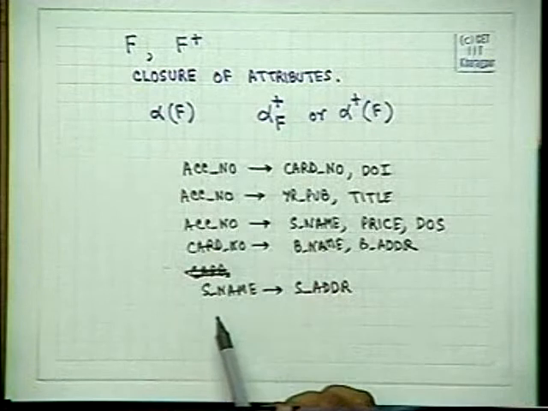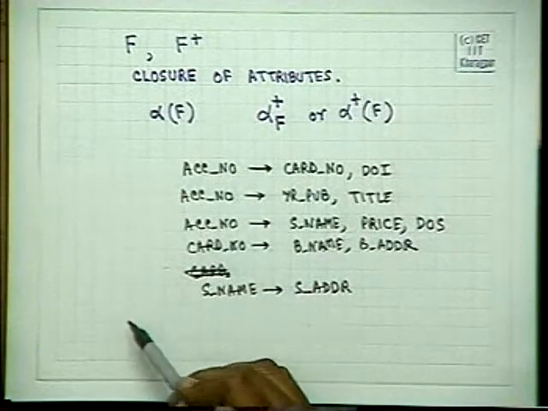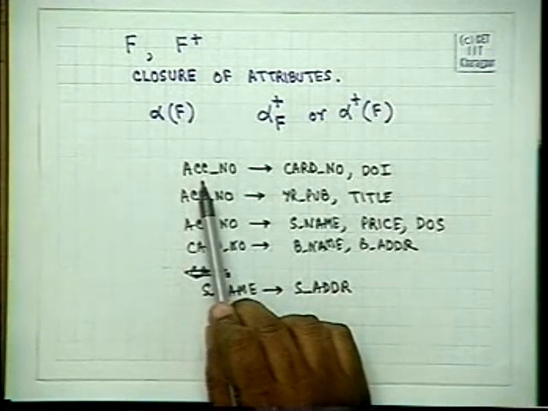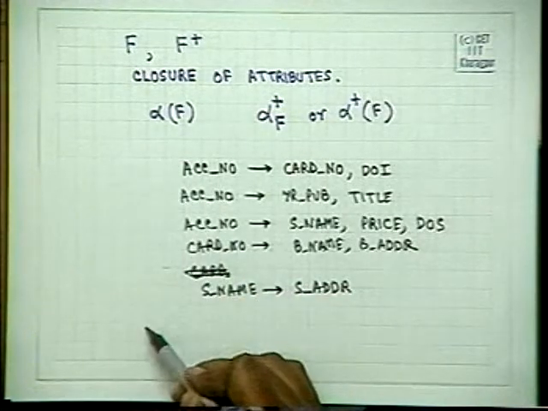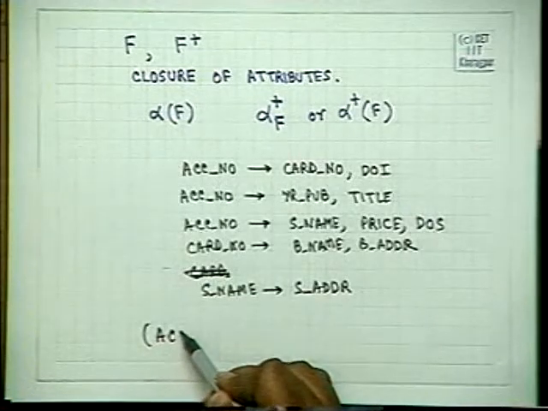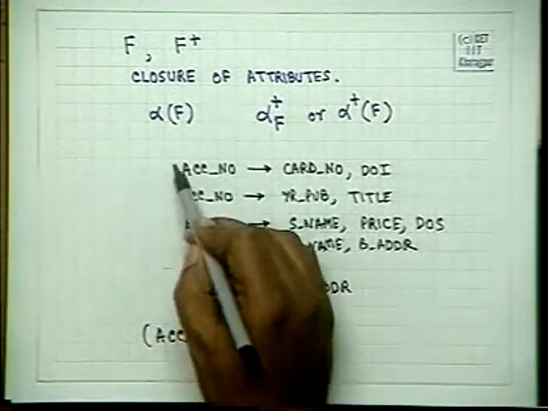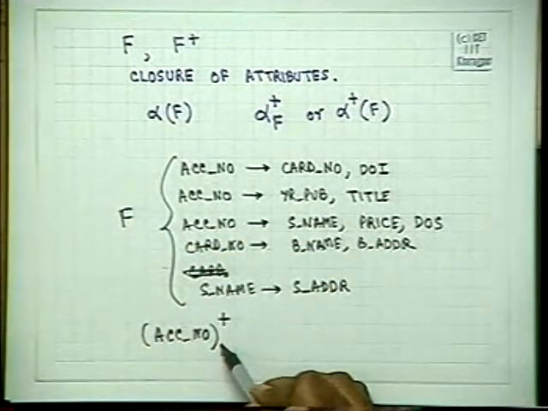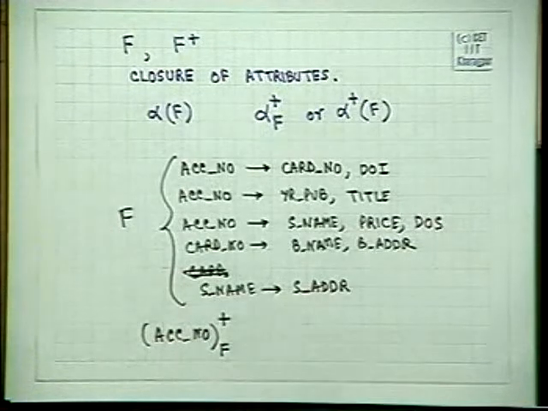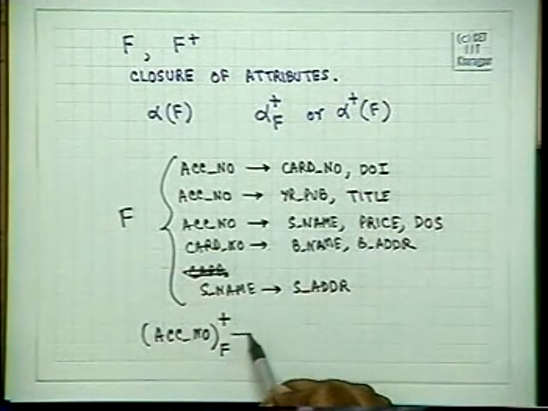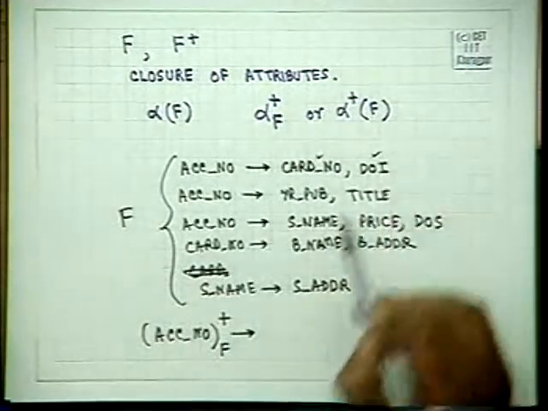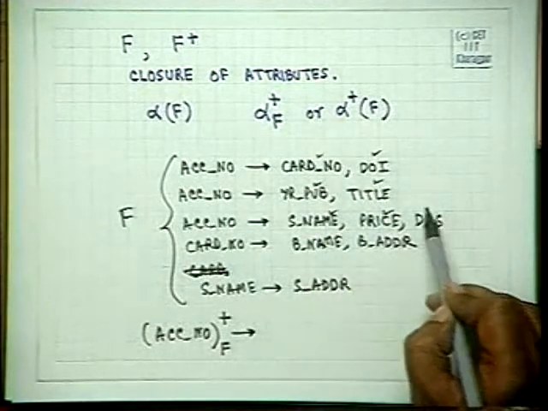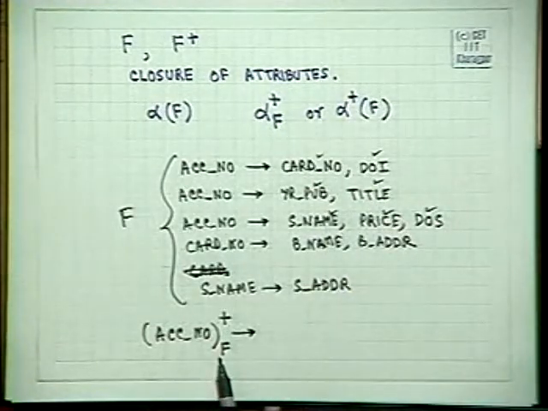Now, based on these, we would like to find out all the attributes which are dependent on accession number. The attributes which are dependent on accession number on this set of functional dependencies F is called the closure of this attribute under F. Here we will have this one, this one, this one, this one, this and this, because they are directly implied.